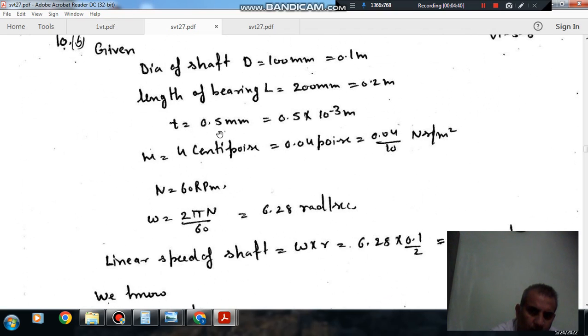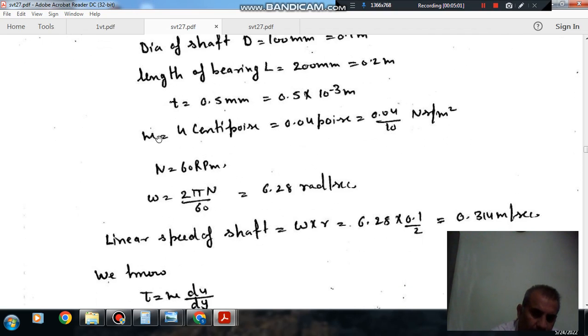Then t is 0.5 mm or 0.5 into 10 to the minus 3 meters, and mu is 4 centipoise or 0.04 poise or 0.04 by 10 Newton second per meter square. N is 60 rpm, and omega is 6.28 radian per second. Put in the value of n.